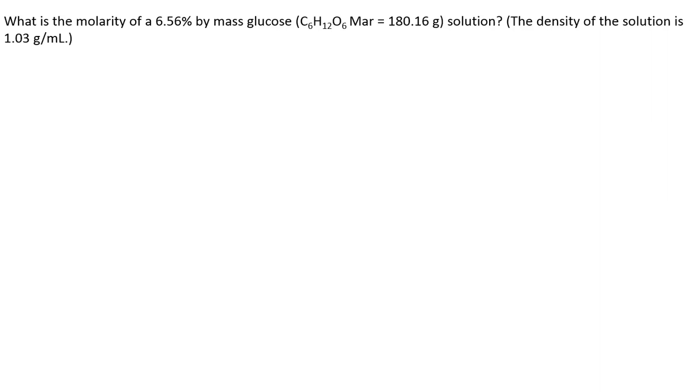So here we are asking, what is the molarity of a 6.56% by mass of glucose solution? We have the molar mass of glucose, 180.16 grams, and you are also given the density of glucose, 1.03 grams per mil.